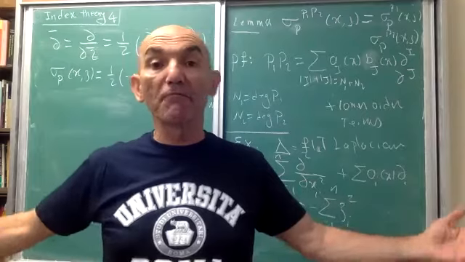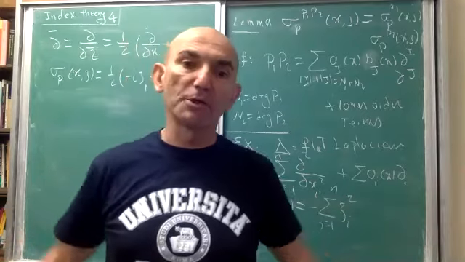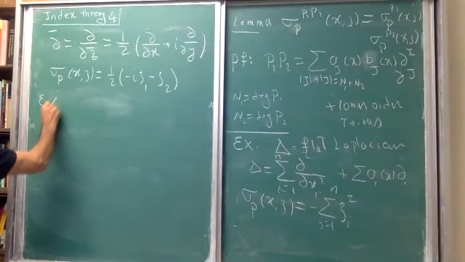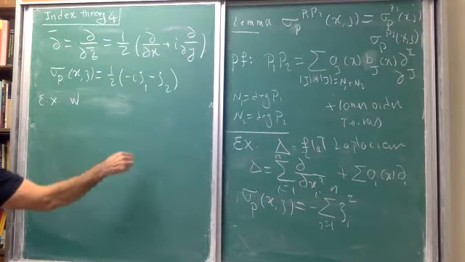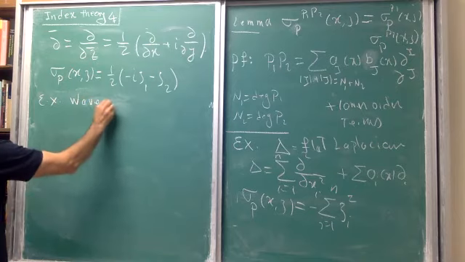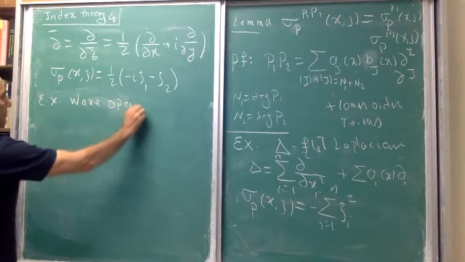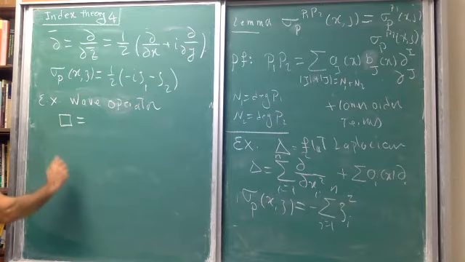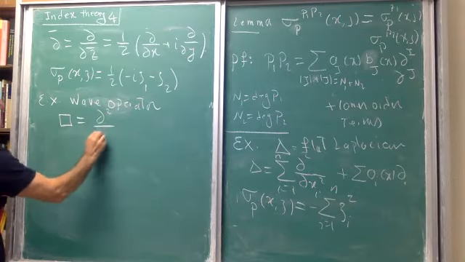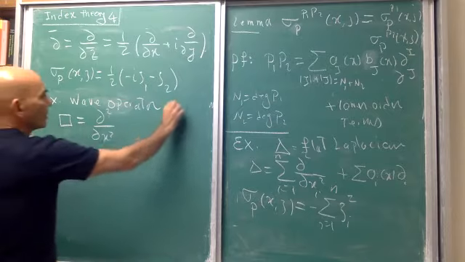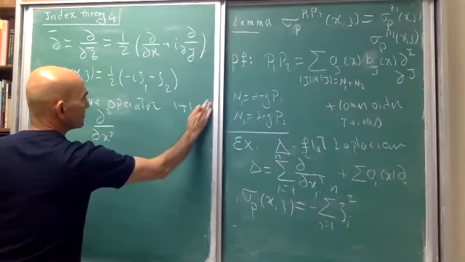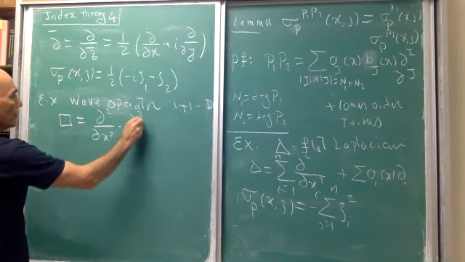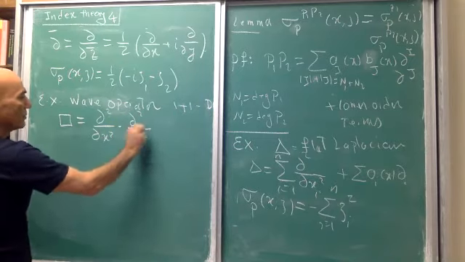How about the wave operator, wave equation, right? So another example would be the wave operator. This is box, and the simplest case is d2/dx2 in 1 plus 1 dimensions, d2/dx2 minus d2/dy2, right?